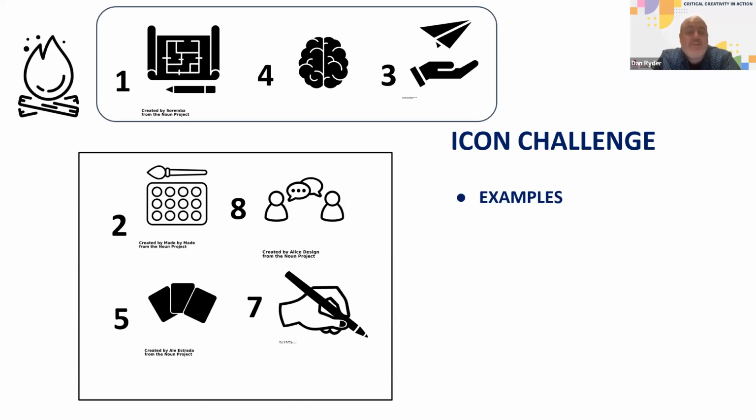And then there's a 2, 8, and 7, which is the idea of creating art connects us to one another, and these cards are going to allow us to express ourselves in ways that improve our thinking. So there's 2 different solutions to this icon challenge that I created, and I'm really curious about what others would come up with.